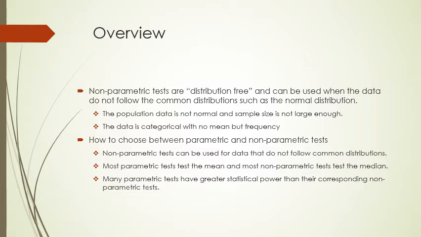First, non-parametric tests can be used for data that do not follow common distributions. Second, most parametric tests test the mean, and most non-parametric tests test the median. Last, many parametric tests have greater statistical power than their corresponding non-parametric tests.